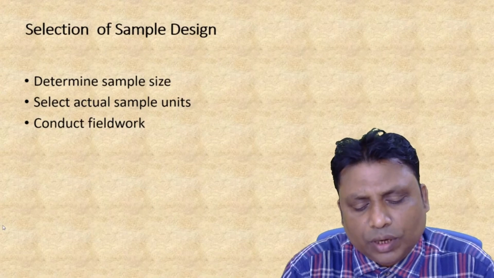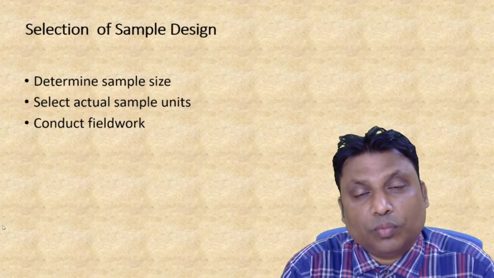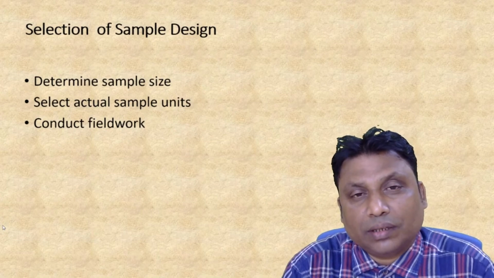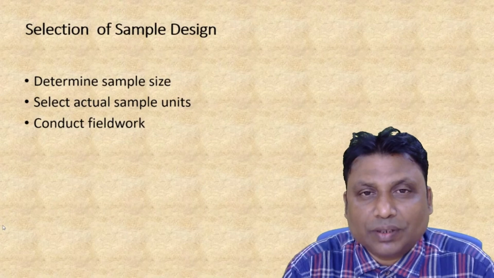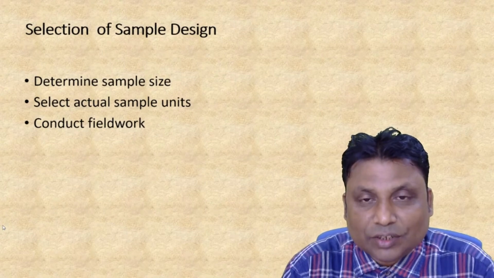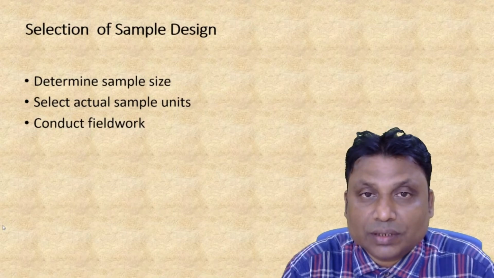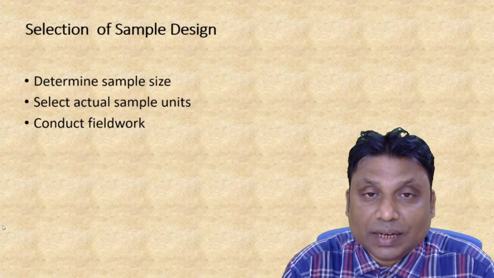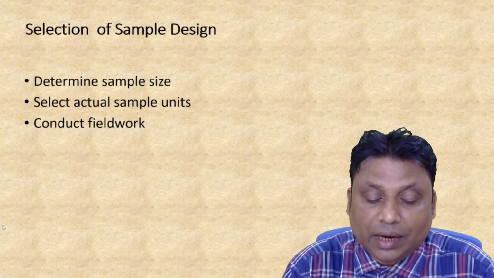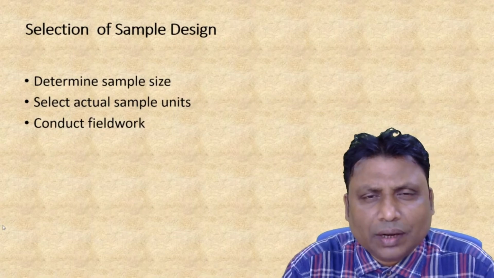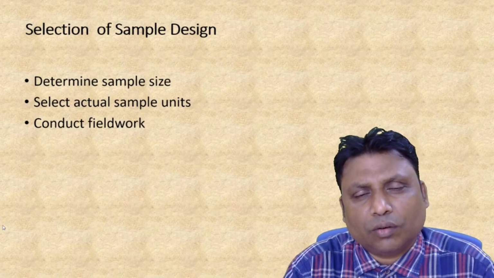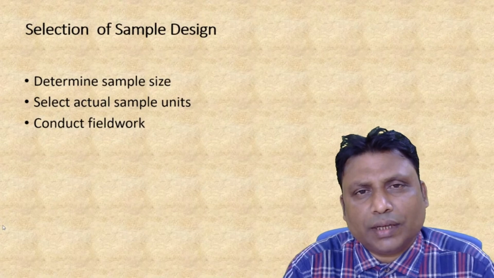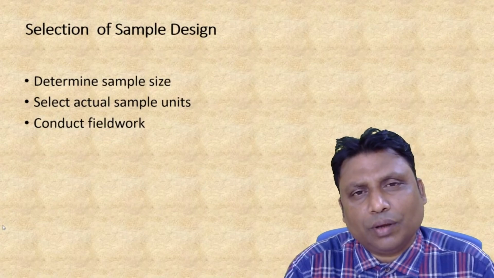We have to collect the information on the average height of the students in section A and section B. The total number of students is 120, so we randomly select 30 students from section A and section B and collect the information.